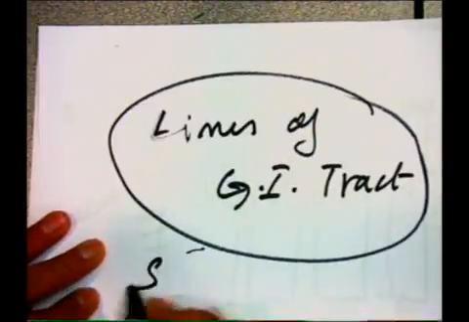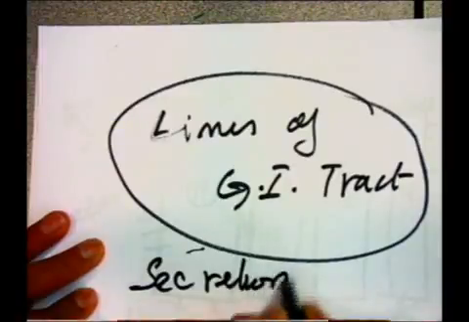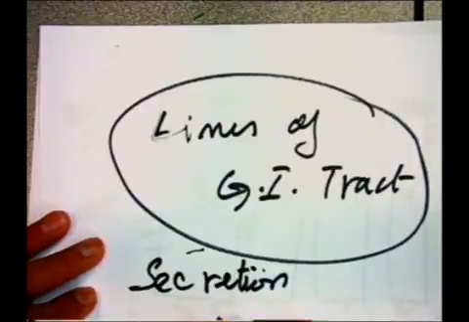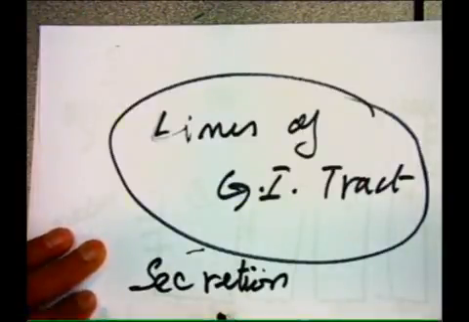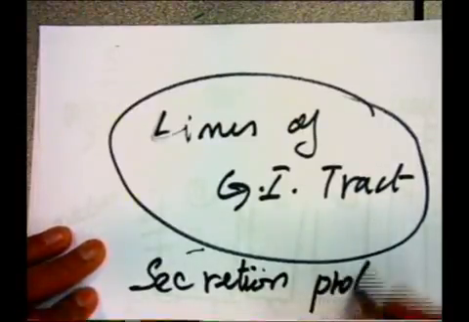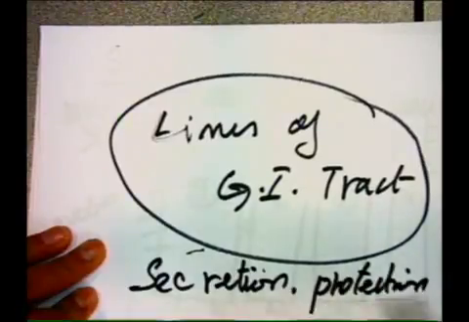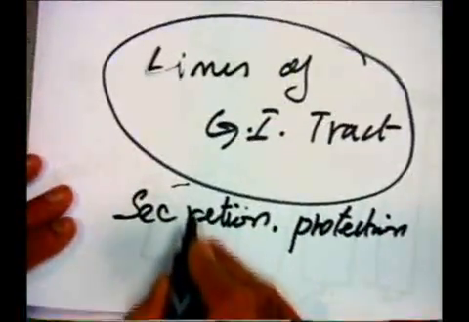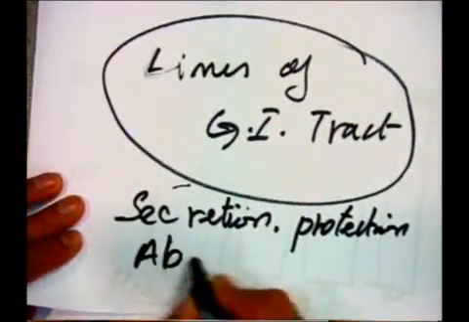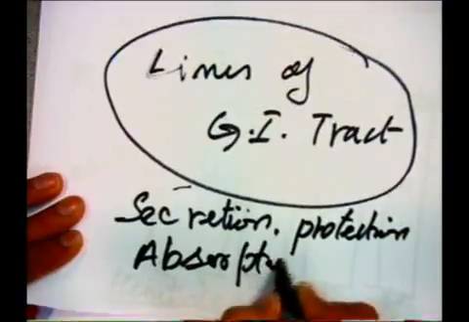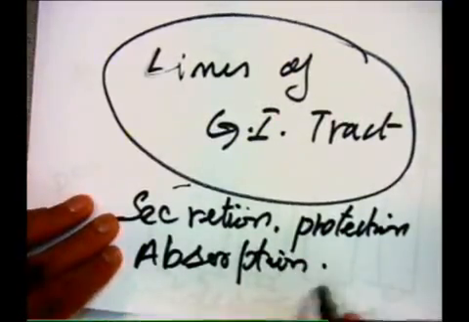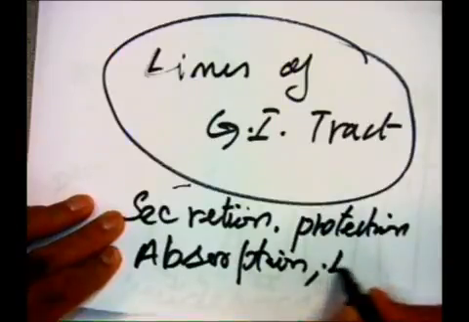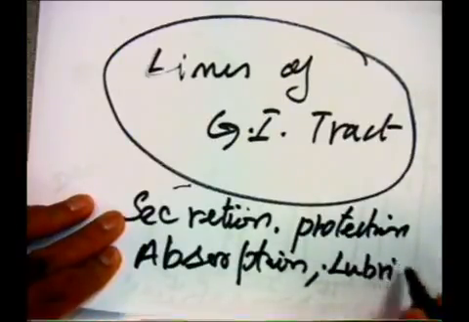The function is mainly secretion of enzymes, secretion of proteins, and sometimes some hormones. It also gives protection, and the main function is absorption and lubrication. Mucus is secreted as a lubricant.